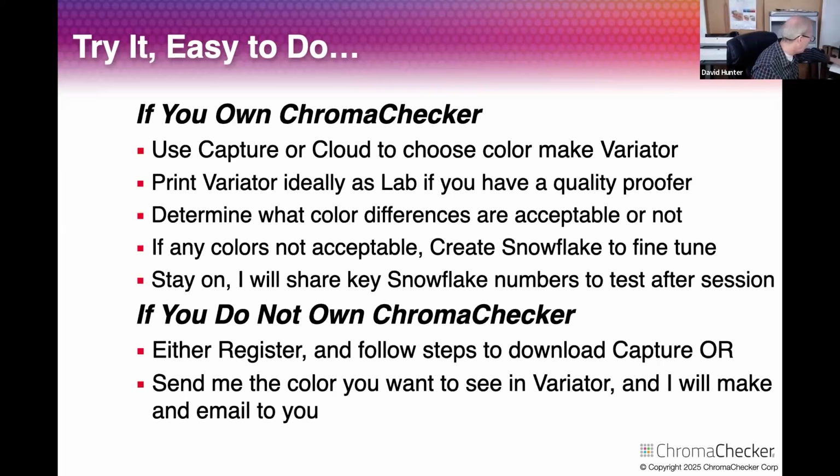Well, the variator, the way it works is you can have any range. So you say what delta E's you want. Mine went from 1.5 in half a delta E increment to 6. So here I've got 2.5, 3, 3.5, 4, and so on.